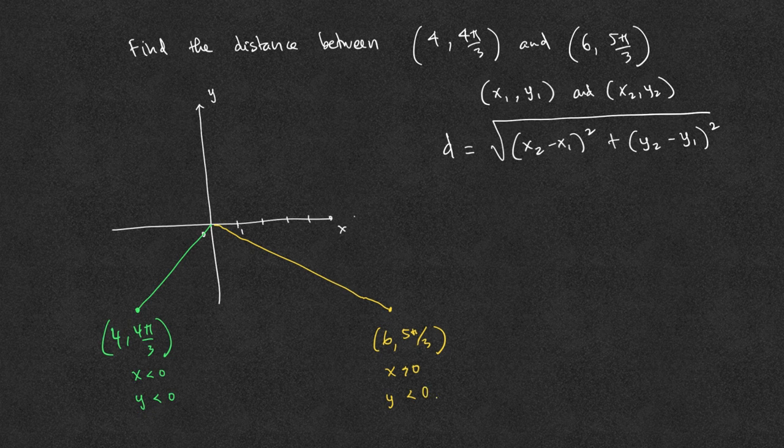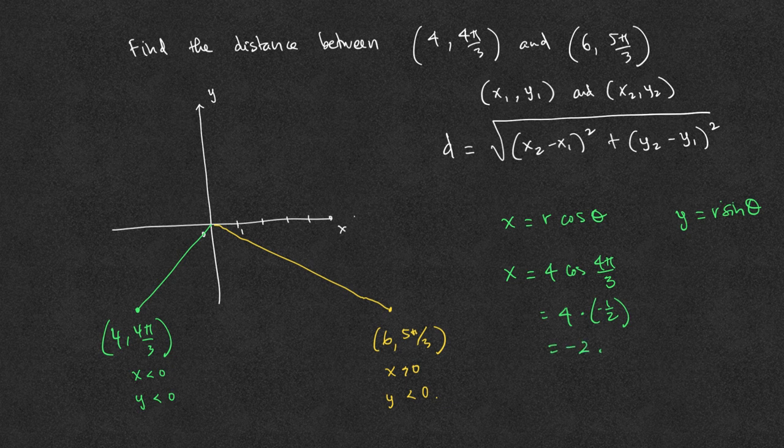To find the rectangular coordinates of these 2 points, we use the formulas x equals r cosine theta and y equals r sine theta. For the first point, x is 4 times cosine of 4π/3. Cosine of 4π/3 is negative 1/2, so this is negative 2.